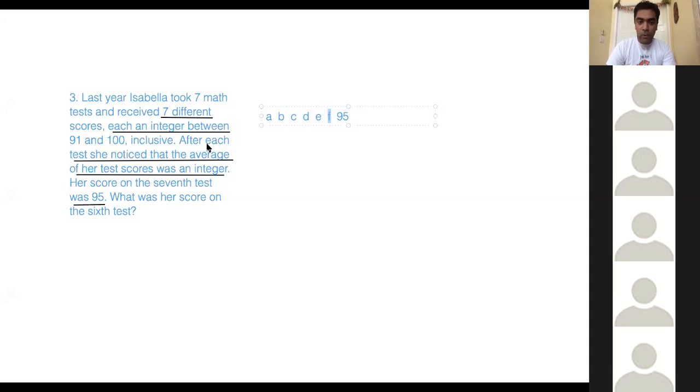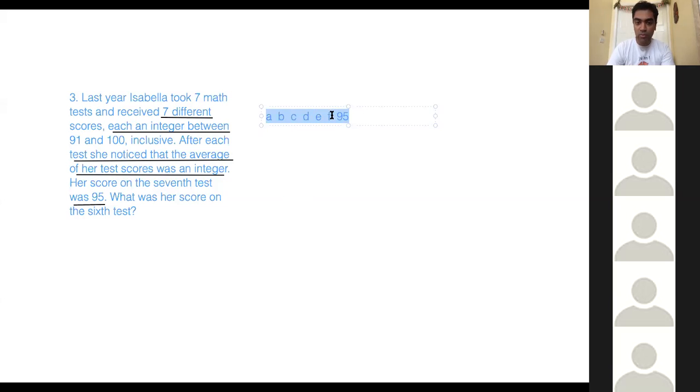The important things that we know are, one, that each of these A, B, C, D, E, F are values between 91 and 100, and they're all different from 95 also. And the other important piece is that after each test, the average of her test scores was an integer. So after all the tests, we know that the average was an integer.